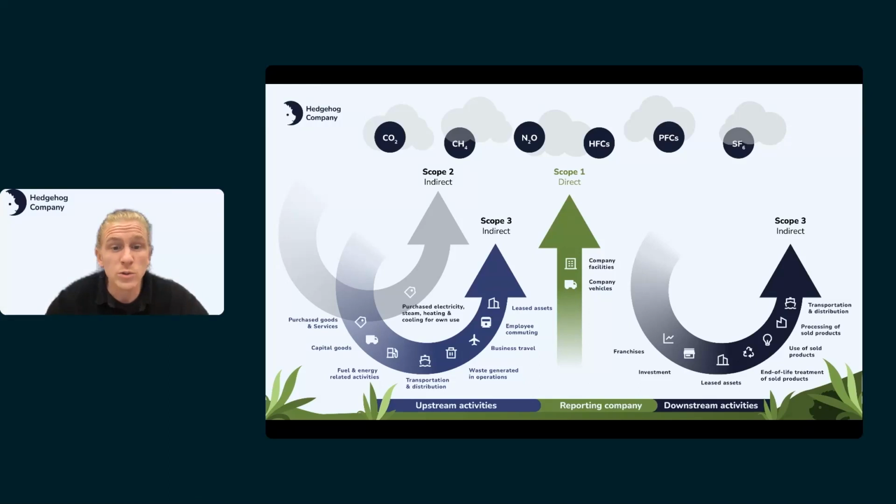When we are looking to our left, at the horizontal bar in the bottom, you can see upstream activities. And when you're looking at the most left arrow, the shaded one, with scope 2 indirect sources, there is only one source there, and it states purchased electricity, steam, heating and cooling for own use. So these are sources that are direct energy consumption.